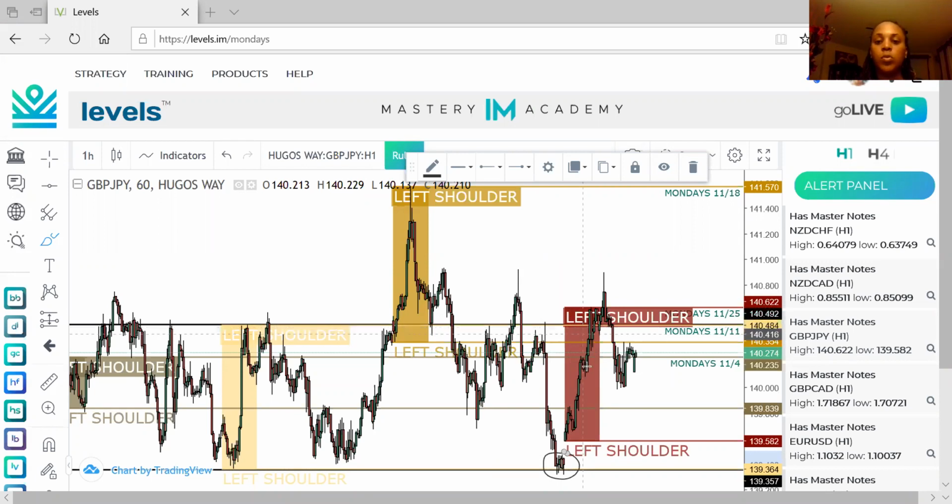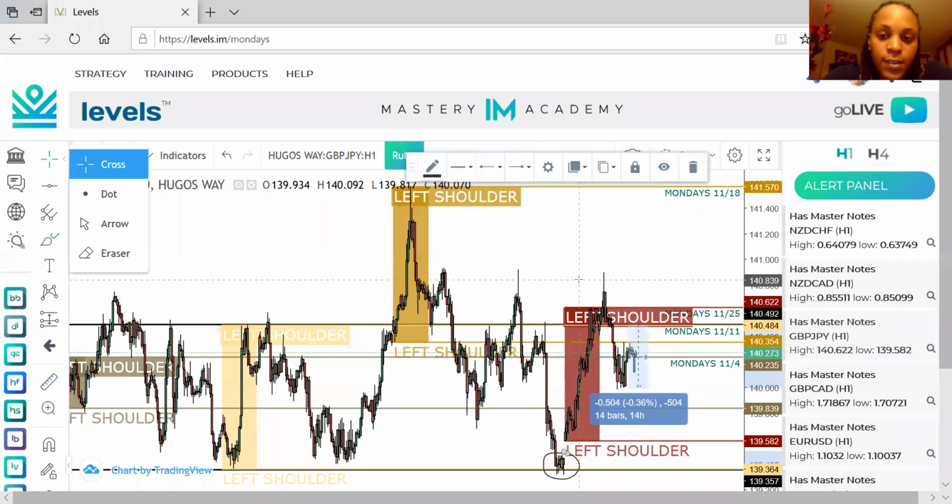And all we needed to do then was wait for the market to come up. As you can see, the market came up, would have activated our orders, right? And then the market dropped a total of 50 pips, but we caught our 25 to 30 pip take profit on that, right?